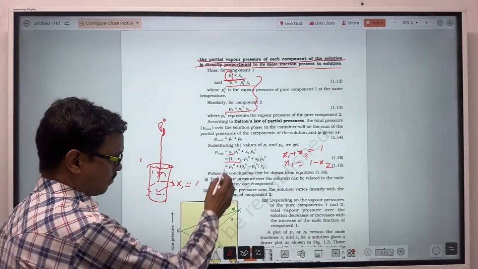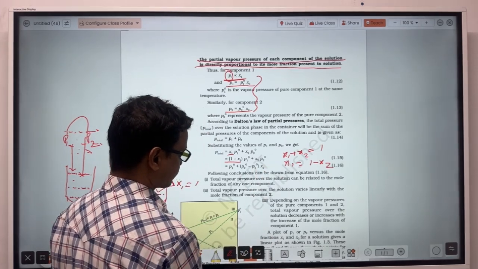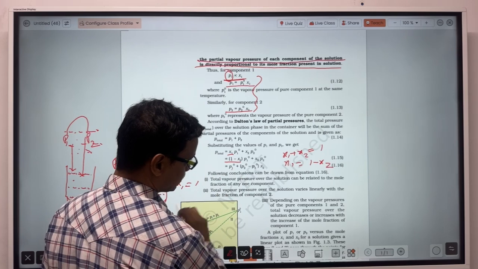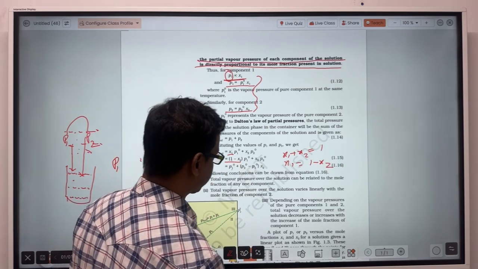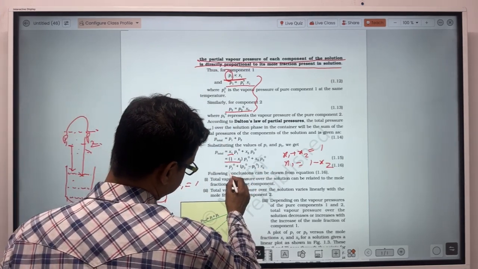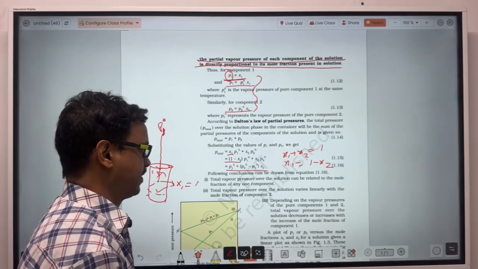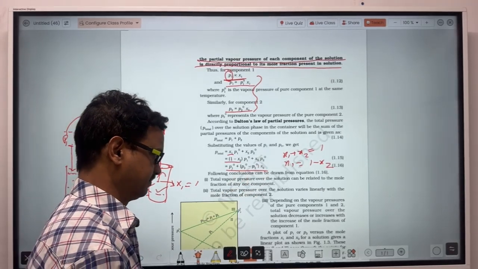So that will be (1 minus chi 2) P degree 1 plus chi 2 P degree 2. Now solve this one. P degree 1 will multiply by 1, so P degree 1, and minus P degree 1 multiplied by chi 2, so minus P degree 1 chi 2. In the same way, after solving, this will become P degree 1 plus (P degree 2 minus P degree 1) into chi 2.